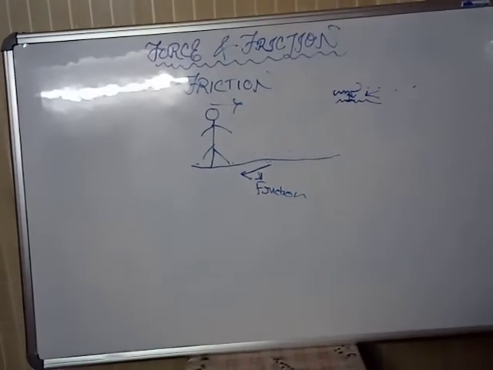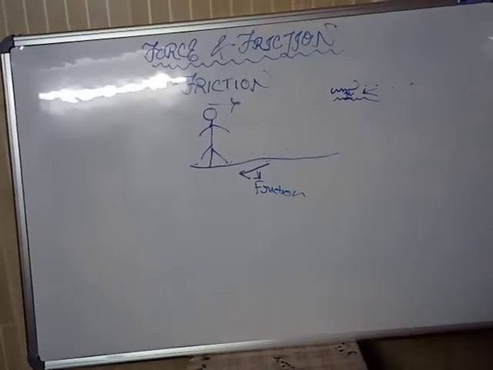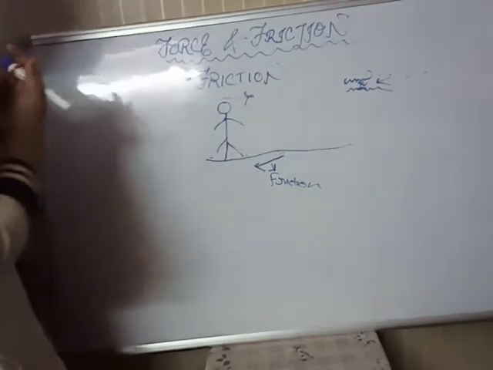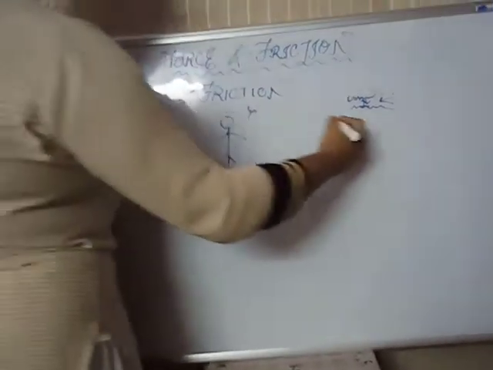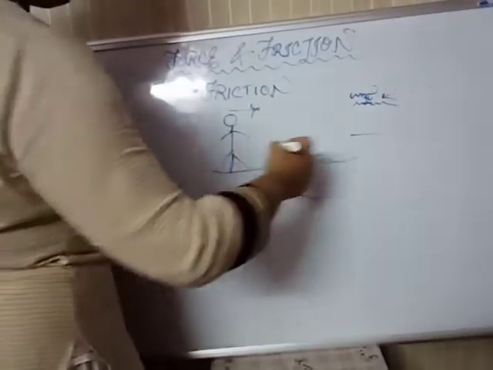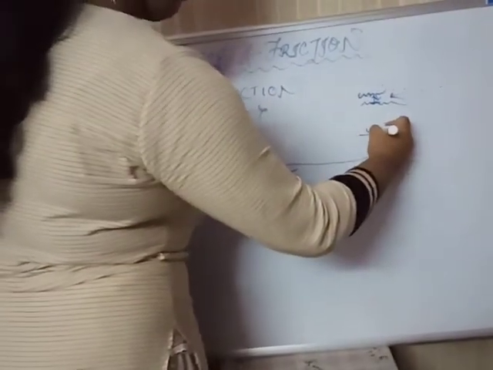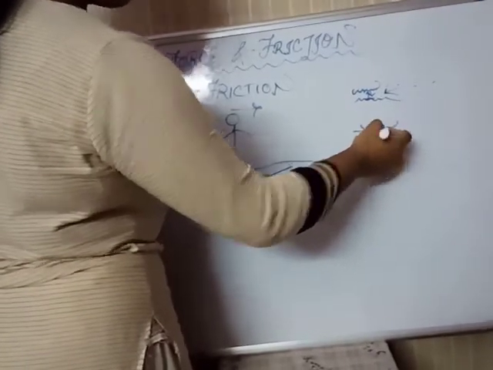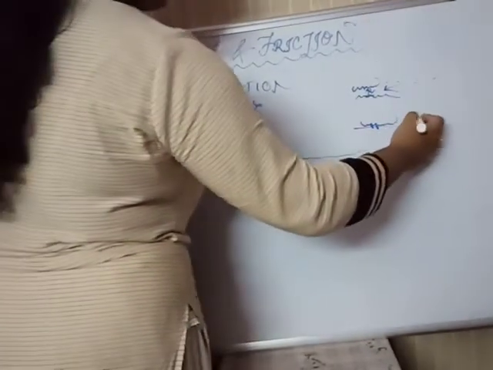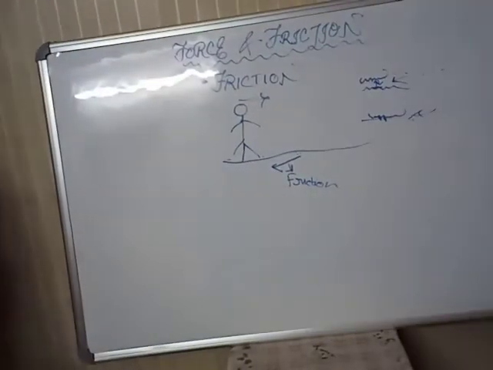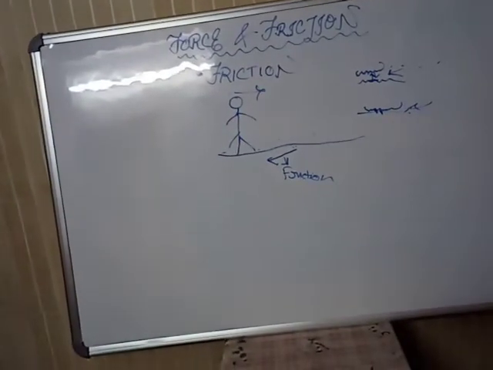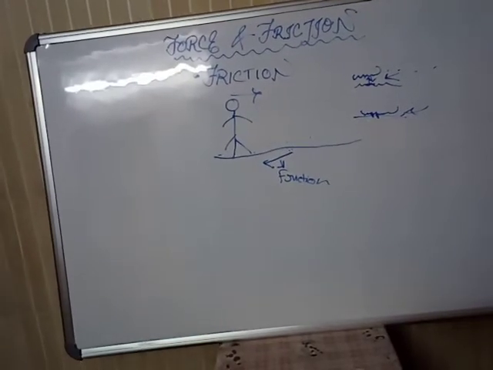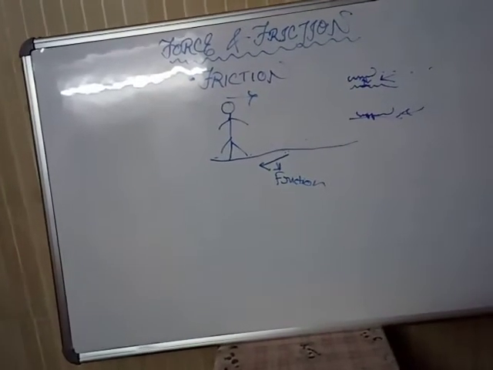If the road is very slippery, you will fall. What happens when the road is very smooth? That is, there are no ridges, only the shoe of the man has ridges. The ridges will not get attached to the road, so it can slide. That's why the wheels of a car also have ridges, and the soles of our shoes also have ridges.